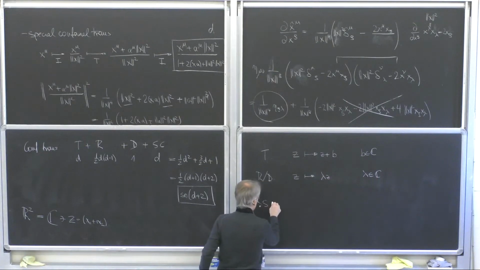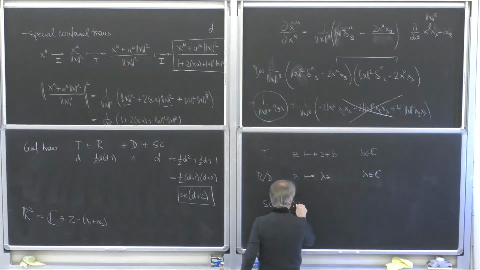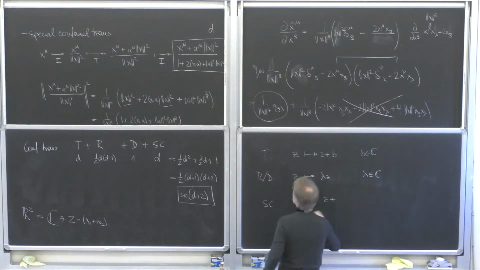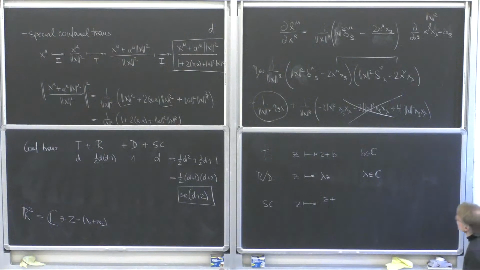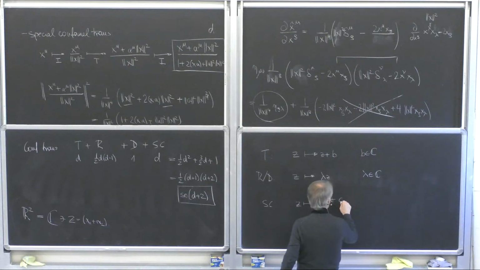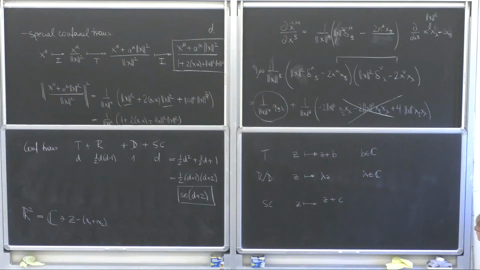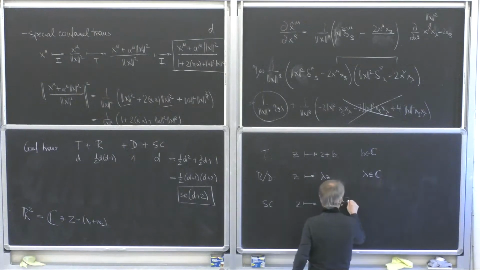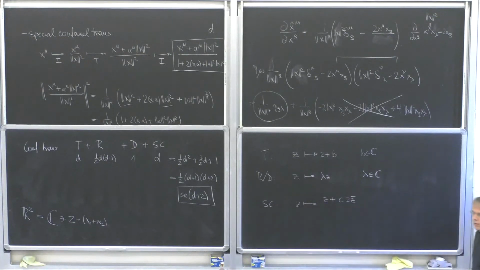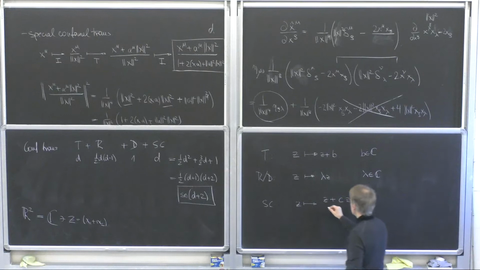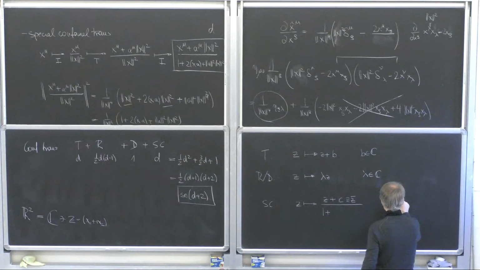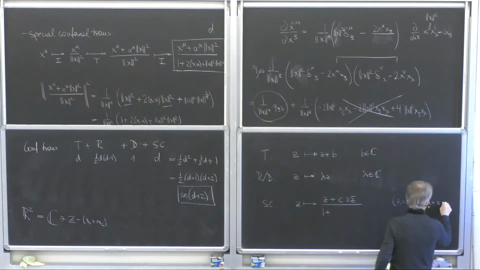So the special conformal transformation looks like Z goes to Z plus, and now I have to multiply. A, let's call it C for a change. So C is another complex number, and then the norm of Z squared will be Z Z bar, right? And then I have to divide this by 1 plus 2 times the scalar product of x with A, or x with C. What's the scalar product of Z with C? Well, this will be a half times Z bar C plus Z C bar, right?